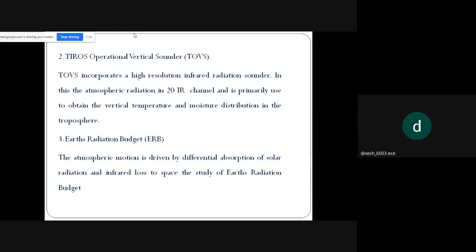The TOVS incorporates a high resolution infrared radiation sounder, which has an atmospheric radiation of 20 infrared channels and is primarily used to obtain the vertical temperature and moisture distribution in the troposphere. So the temperature and moisture contents in the troposphere can be easily observed by this TOVS.